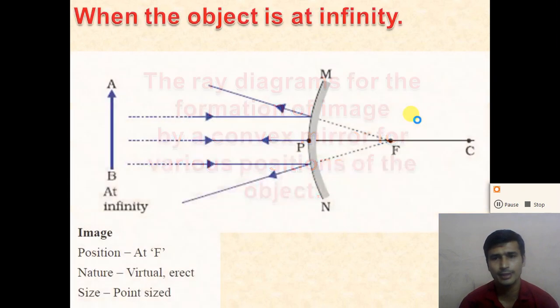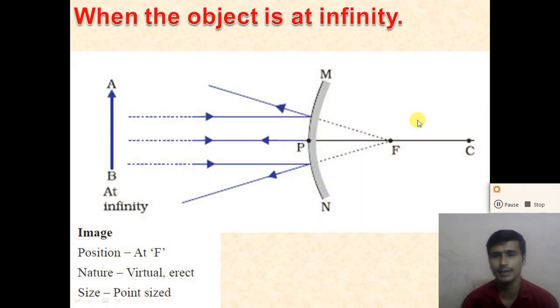So dear, first, when the object is at infinite distance in front of the convex mirror, take this convex mirror, whose inner surface is colored, right? So the outer surface is the reflecting surface. Take the pole of the convex mirror, the center of curvature of the convex mirror, and at exactly half the distance from the center of curvature is the principal focus, right?